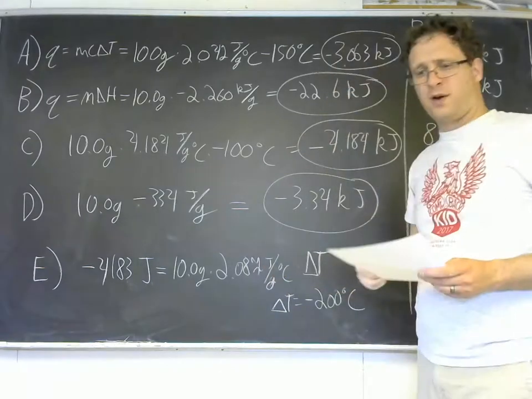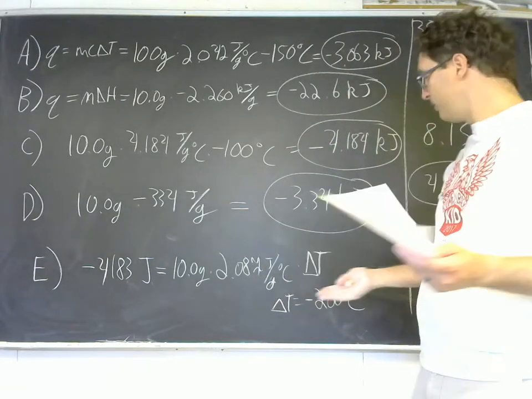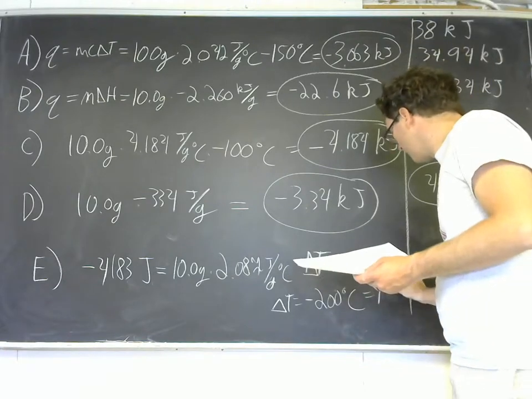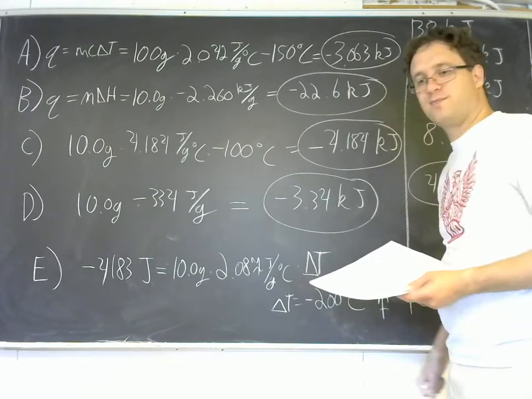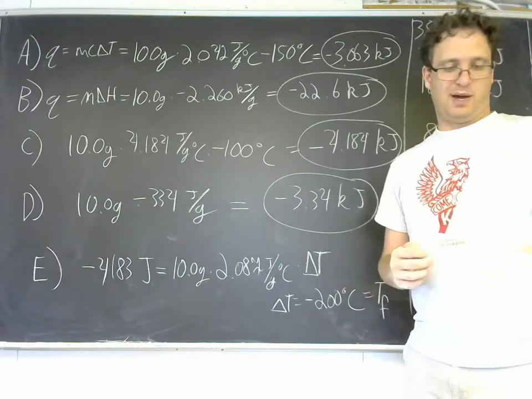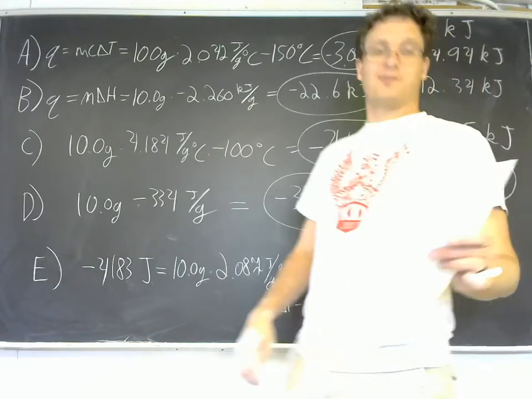So our ice started at 0, it dropped by 200 degrees Celsius, and so that is also the final temperature. It's a good deal of the way toward absolute 0 by the end. And that's it for quiz 12.2.